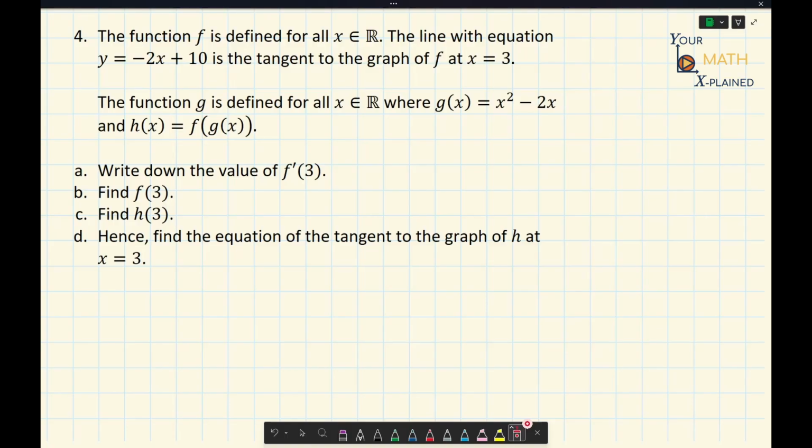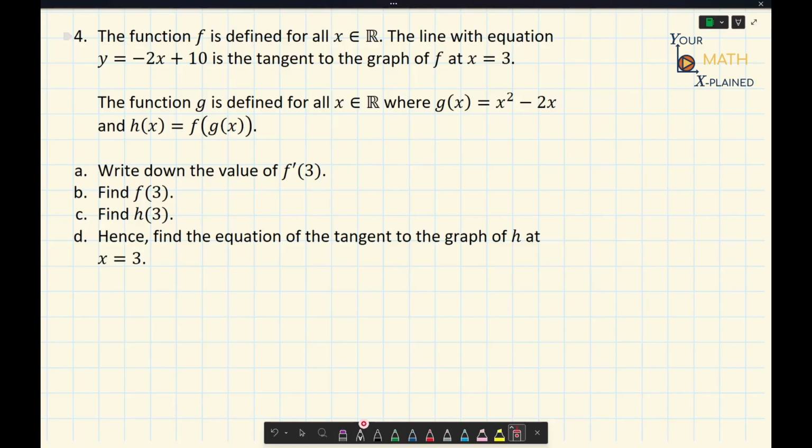Let's continue. Part A, we're asked to write down the value of f prime of 3. So what they're testing here is whether or not you understand the relationship between the derivative of f at 3 and the tangent line to the graph of f at 3. So recall that the tangent line to the graph of f at 3 has the same slope as the graph at that particular value.